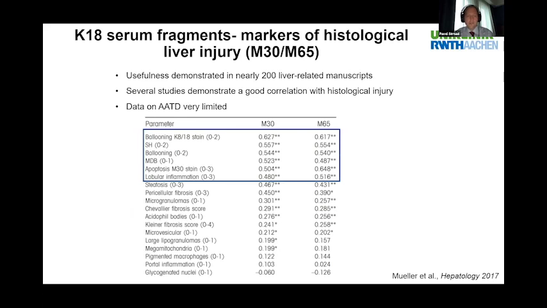Unfortunately, the data on Alpha-1 antitrypsin deficiency are very limited. I believe this is something we should look into and see whether we could potentially stratify the population and get more than these 11 or 15% abnormal ZZ patients.